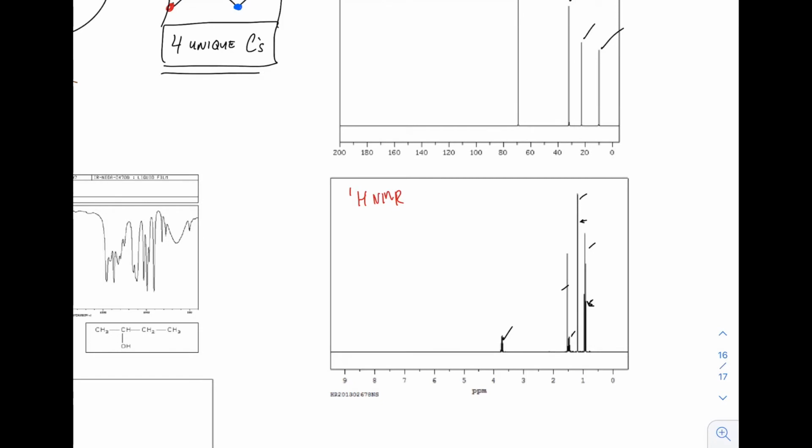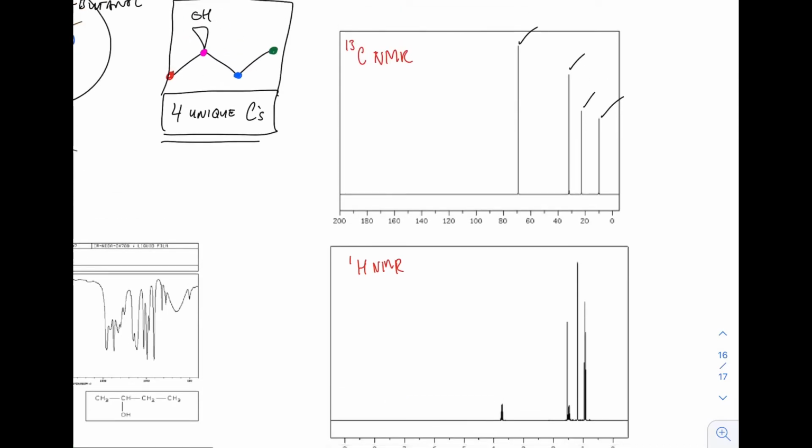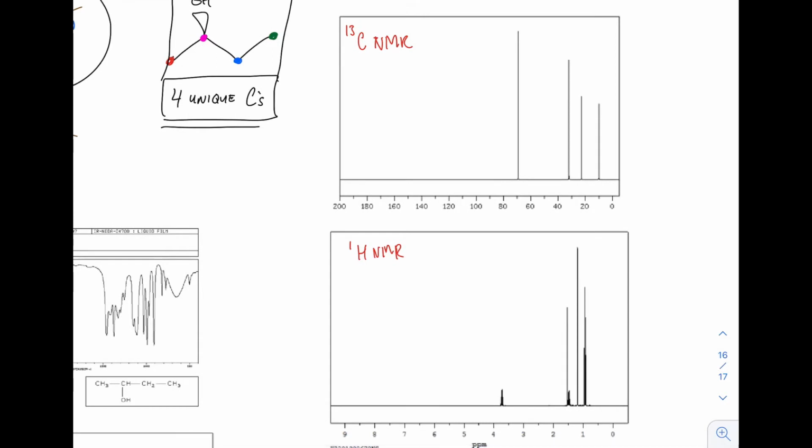It won't be ambiguous, but that's actually not even the point I wanted to make with these structures. That was just extra fun, because we like to have fun. All right, so the point that I wanted to make is that the proton NMR and the carbon NMR mirror one another, right?